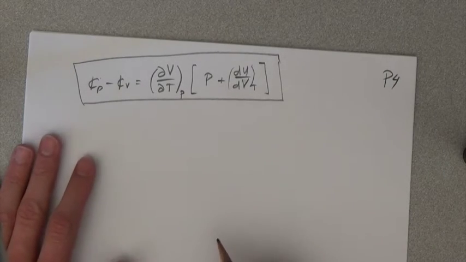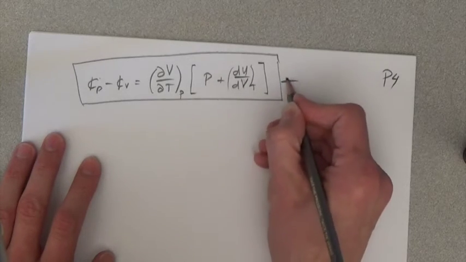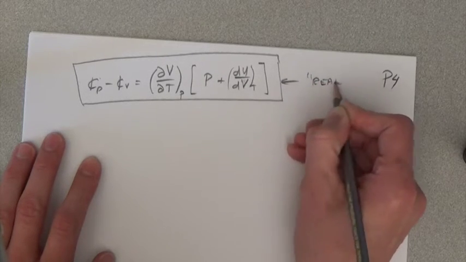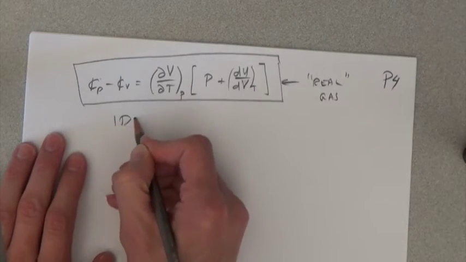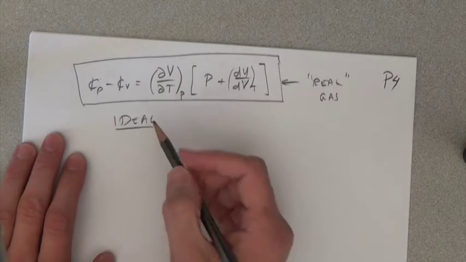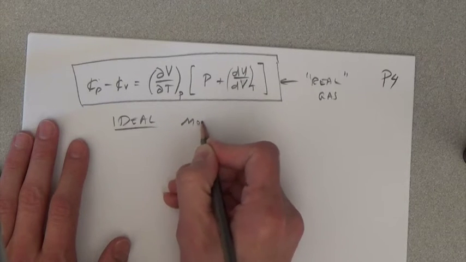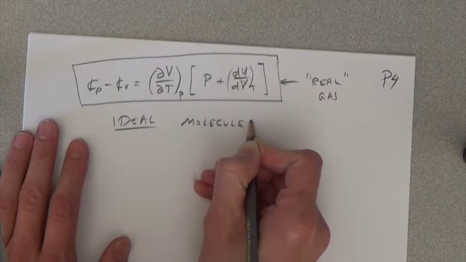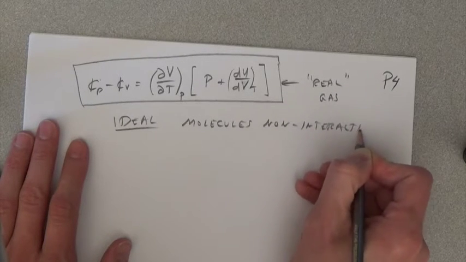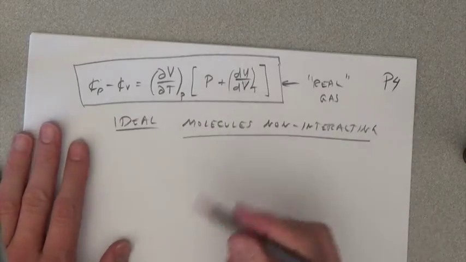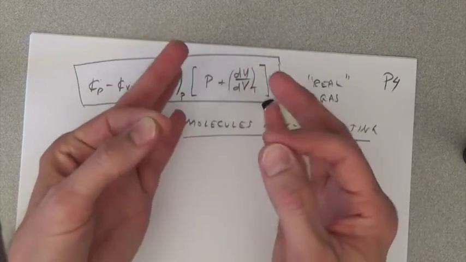But there's one more step here, and this is for a real gas. In the case of an ideal gas, the particles, or molecules, are non-interacting. By non-interacting, I mean that we have these two particles, or many of them, and they don't interact with each other.